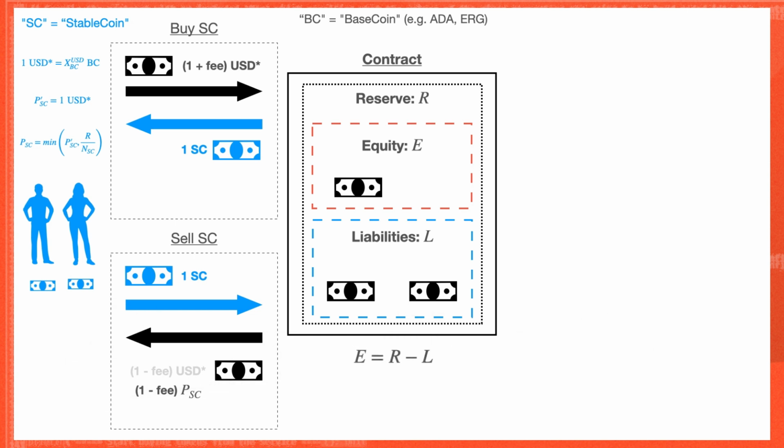So the equity is the reserves minus the liabilities. And note that because the price of the stable coin is the minimum between $1 and the total reserve divided by the number of stable coins in circulation, the equity can never go below zero, so we don't have a balance sheet insolvency problem.